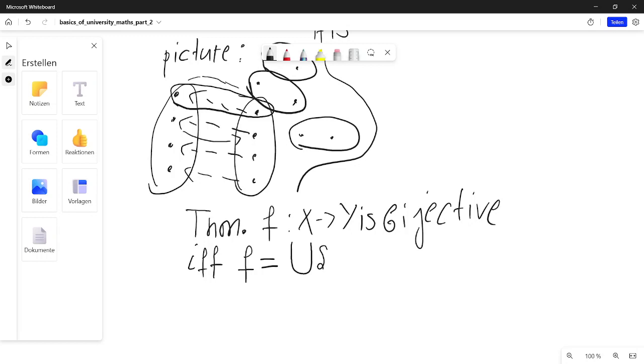As a union, right? You recall that f could have been described in terms of a set, right?